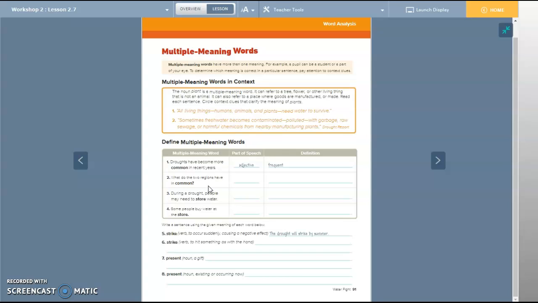So we're thinking of a plant you grow on the ground, and we're also thinking of a plant where they produce a lot of goods, like a power plant. It's almost like a factory, right? Read each sentence, circle context clues that clarify the meaning of the plants. All living things, humans, animals, and plants.